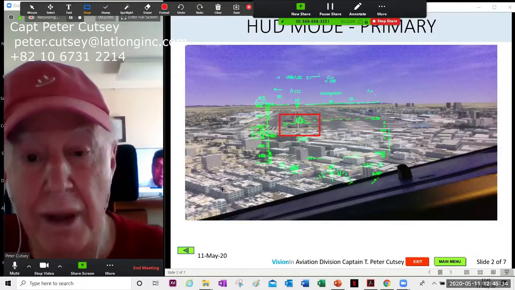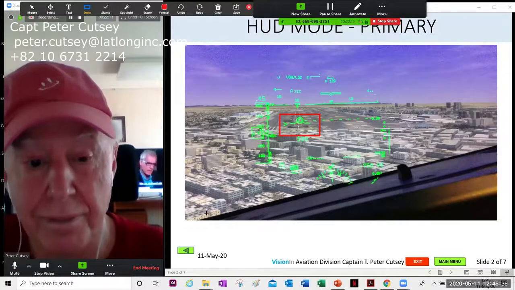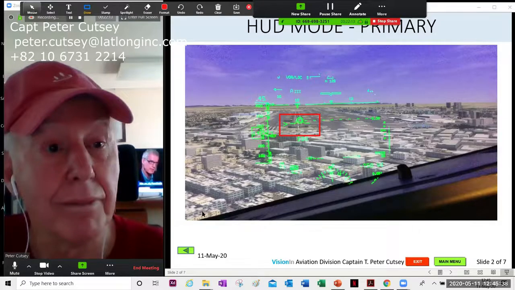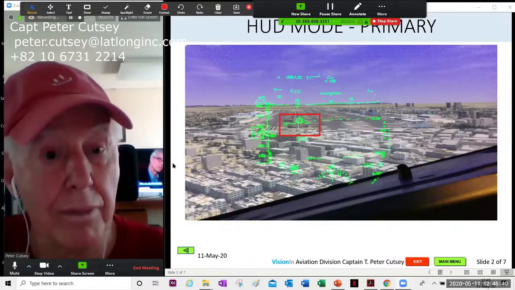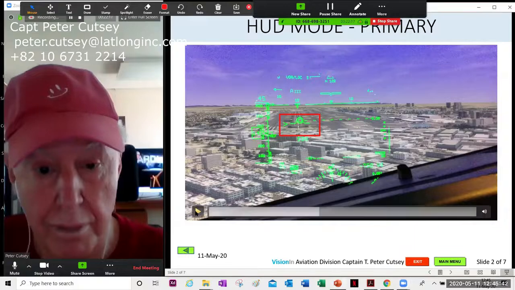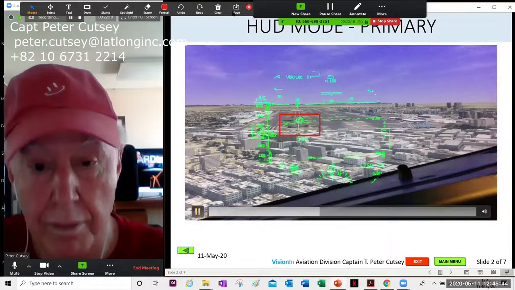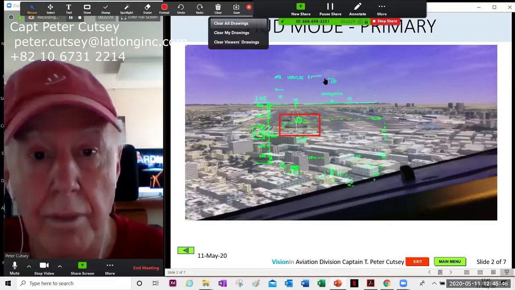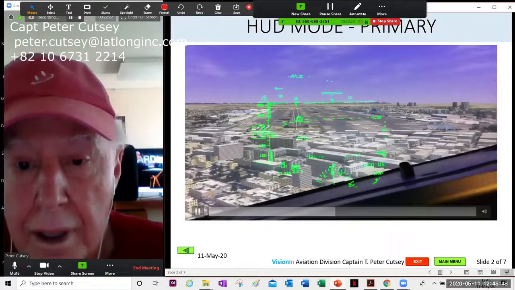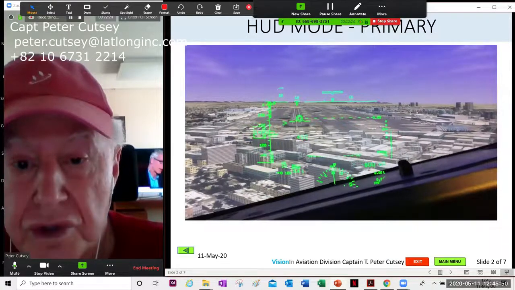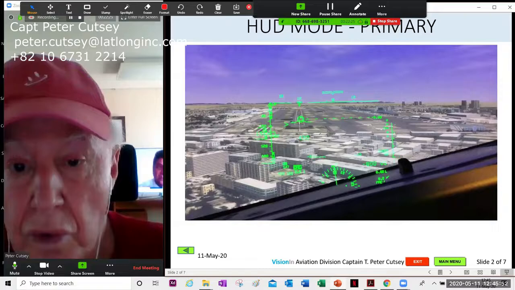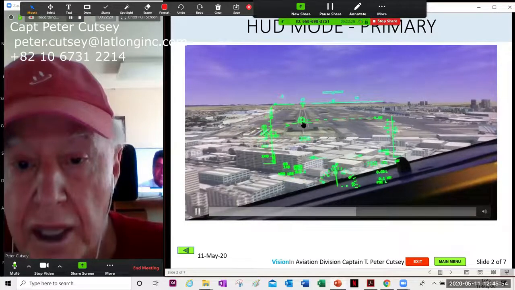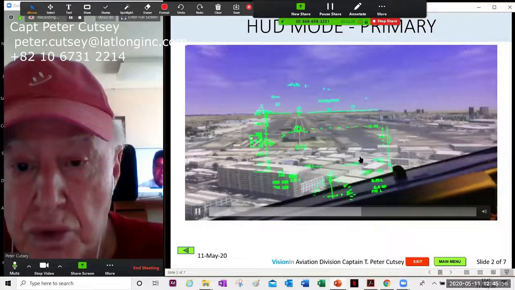That's your glide path. Here we are getting close, you can still see 2 red and 2 white. And if you can see, the center of the flight path symbol is right on the 2 red and 2 white.